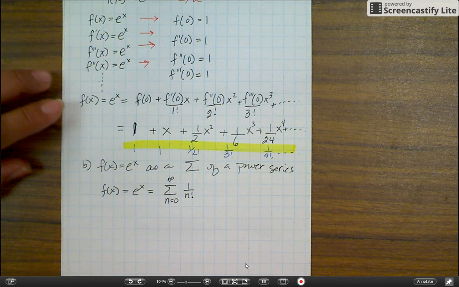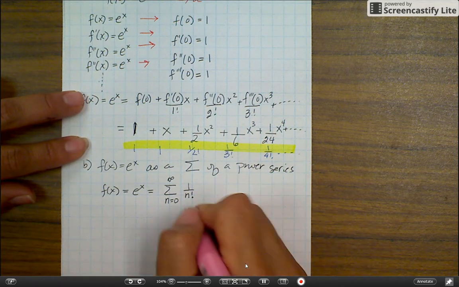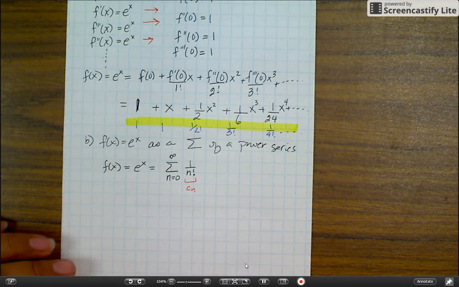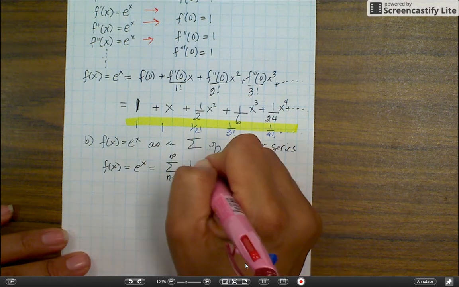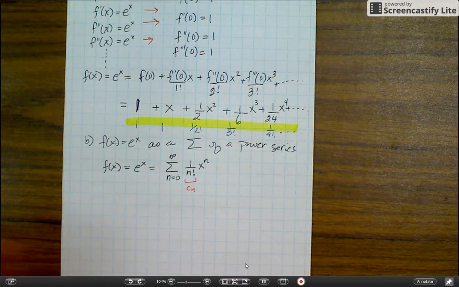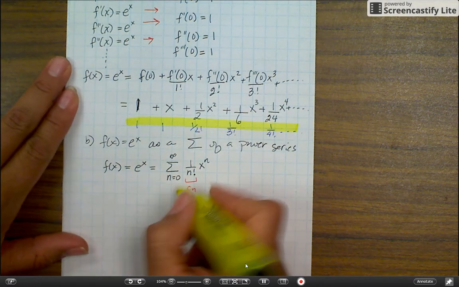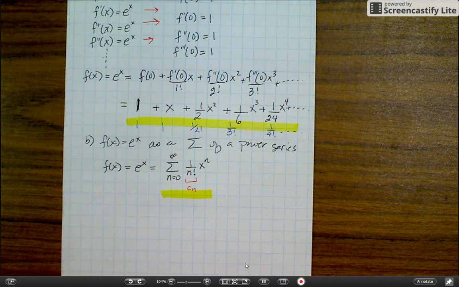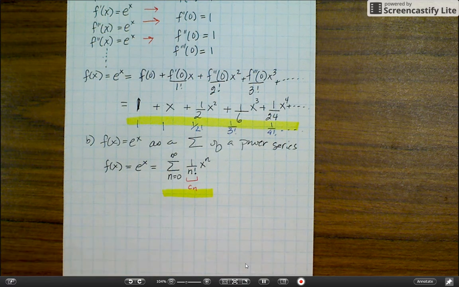That is my coefficient. These are my c_n's. And then times x to the n. That's what this is written as, a power series. E to the x is equal to this expansion.